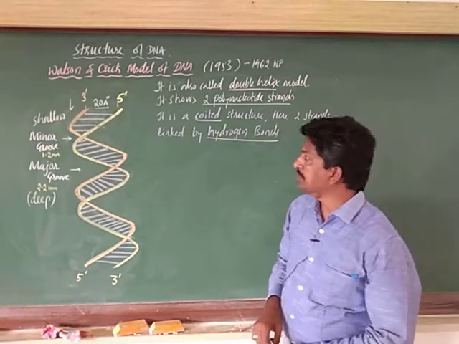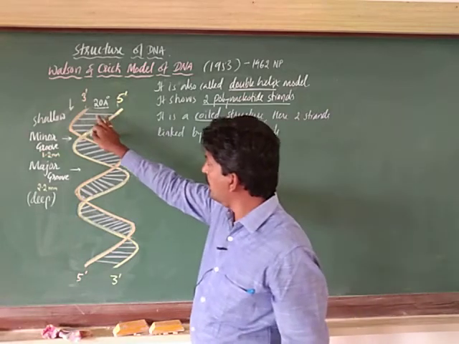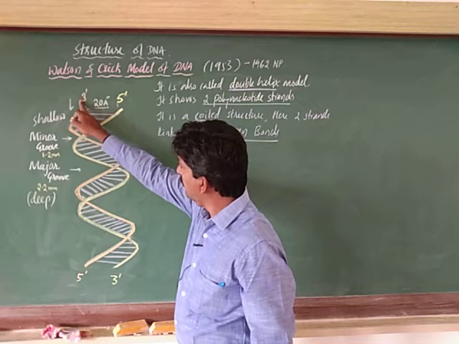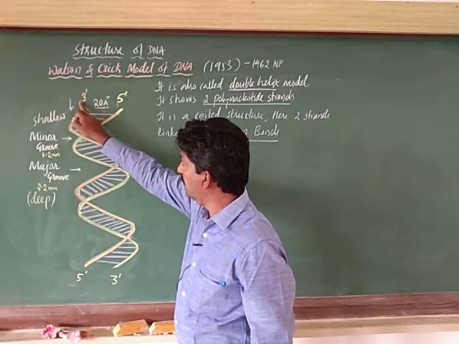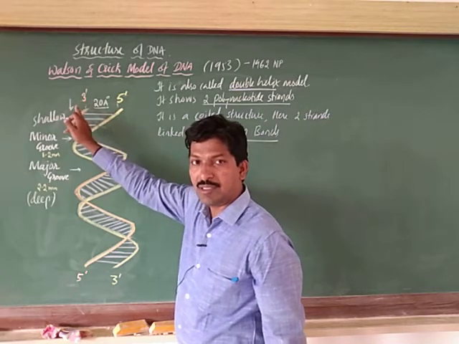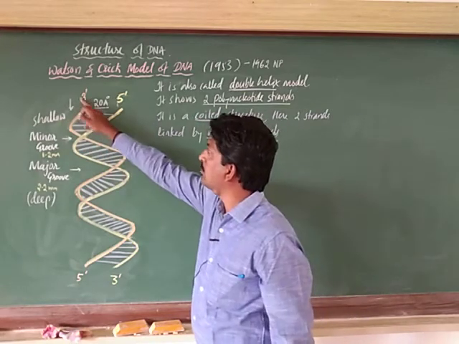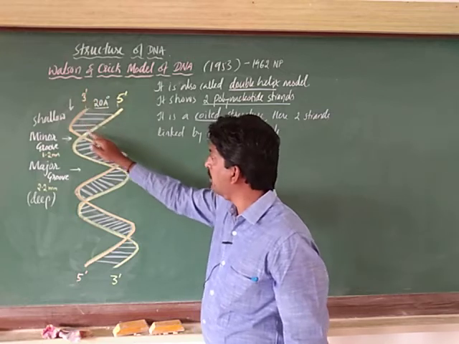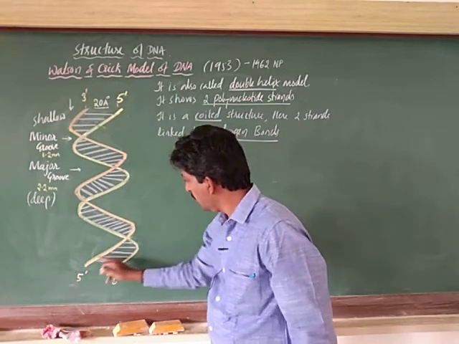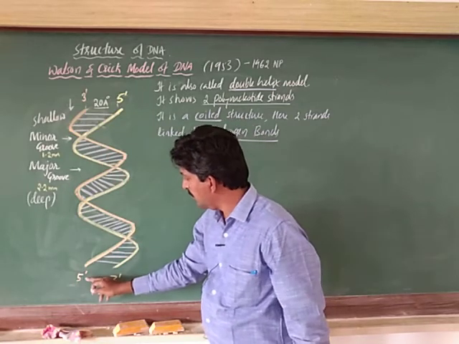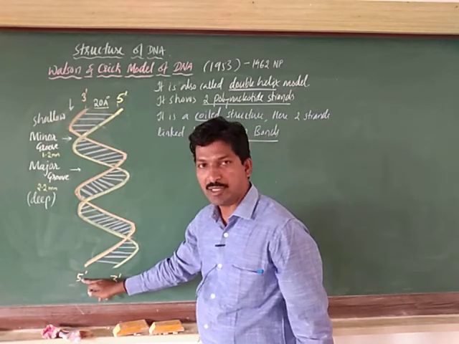See the two polynucleotide chains I have shown here. It starts with the 3 prime end. 3 prime means, when you see the pentose sugar, the third carbon atom is the open end. This is one strand, and on this side the 5 prime end is there.